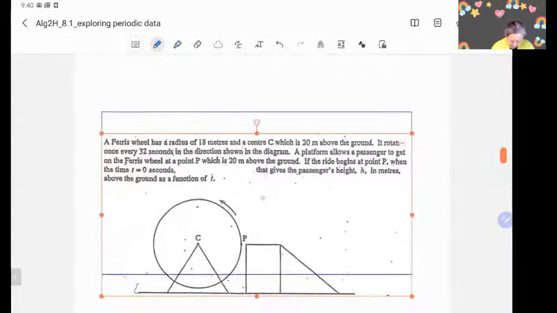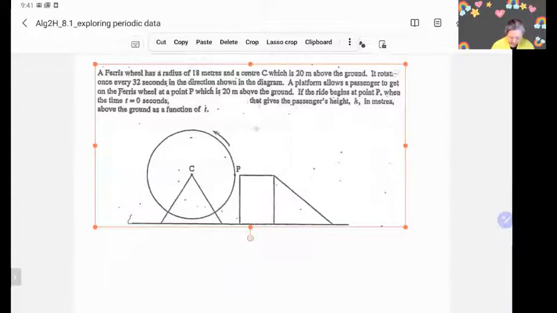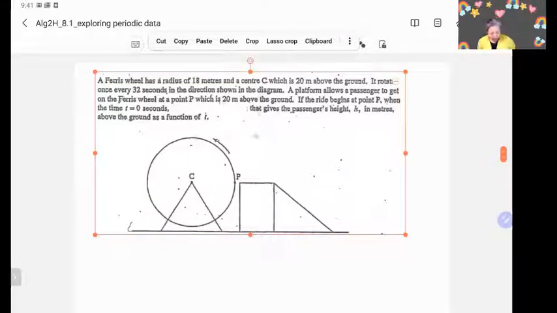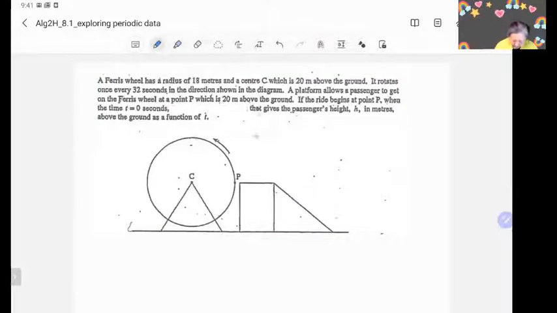So as we already saw, as an example of periodic data, I picked this problem here. This is about the Ferris wheel. As indicated by this diagram, the center of the wheel is C, and this point P is where the people get on the Ferris wheel.